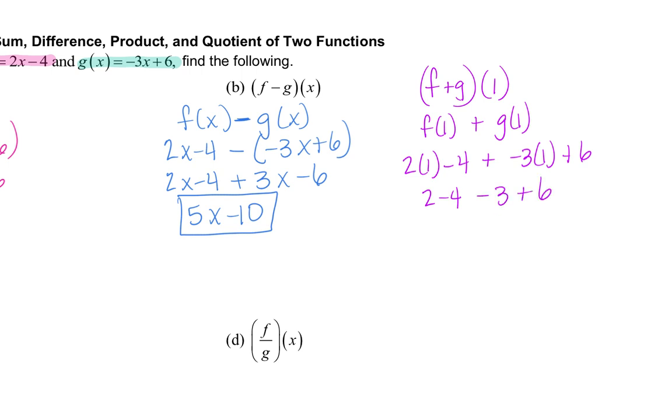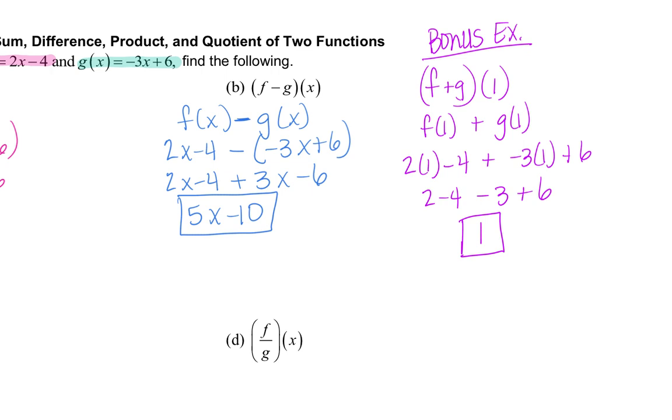So 2 minus 4 is negative 2. Negative 2 minus 3 is negative 5. And negative 5 plus 6 is 1. So just an extra bonus example here. When they give you a number, just plug the number in. Follow the same rule, though.